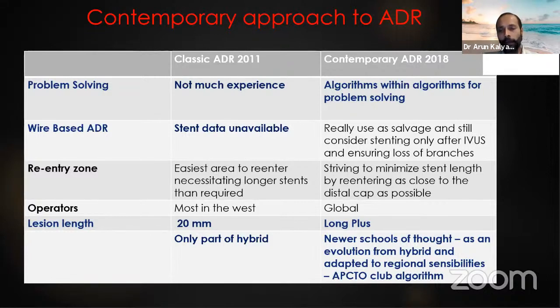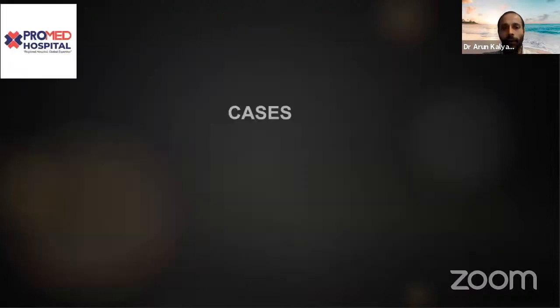These days, most of the operators who are comfortable with ADR really want to re-enter right after the distal cap, even if it's a disease zone, because we have gotten pretty good over the years. And the 20 millimeter, which was the initial concept, is no longer set in stone. The key concept is if you can't wire it efficiently, think about ADR if you do have a landing zone. And even in the APCTO algorithm and some of the other regional algorithms, I think ADR is here to stay for the time being, at least.